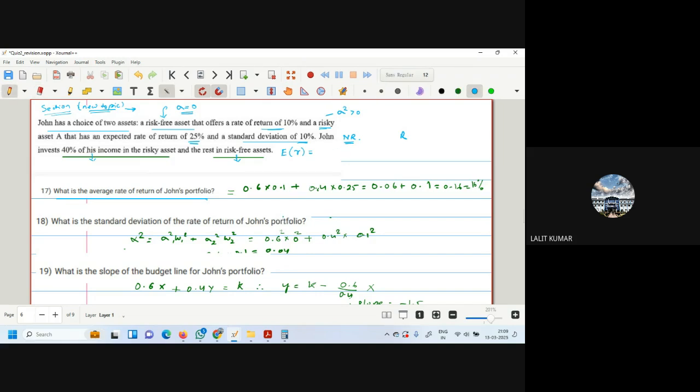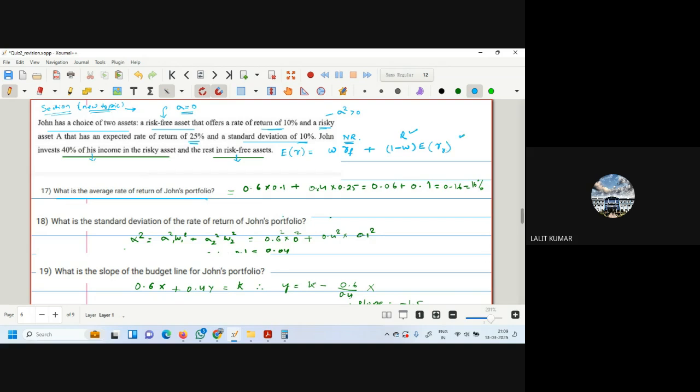For example, we say it is RF, risk-free, and you have invested, for example, W in this, and the rest will become 1 minus W. And when it is risky, we always say expected. So this is risky, and let's say I write it as RR. So this is the formula for your return.